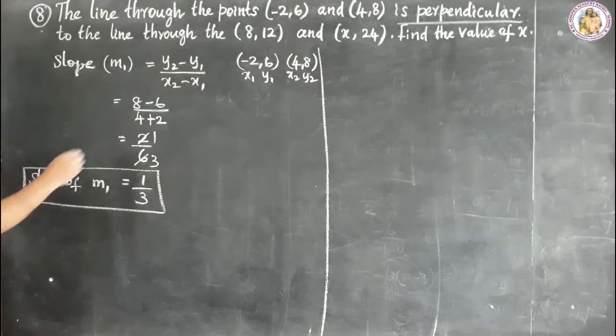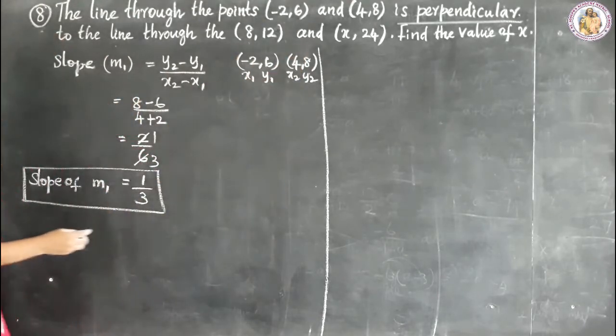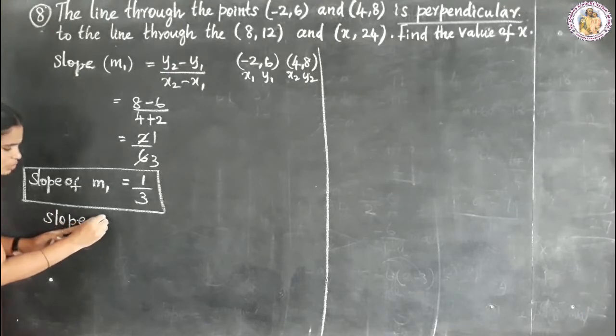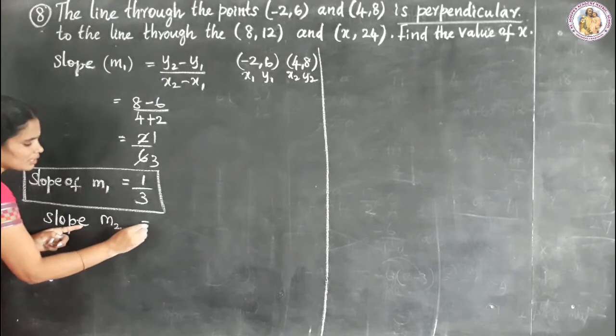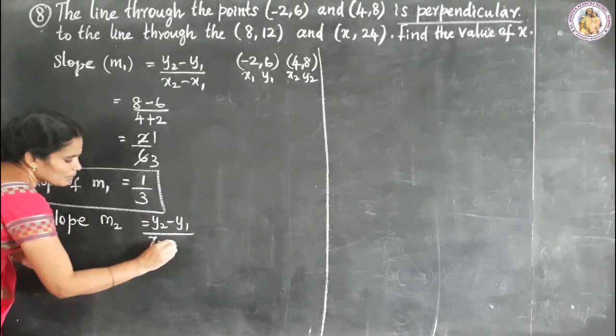And again with the next 2 points, 8 comma 12 and x comma 24, to find the second slope. Take m2 is equal to again y2 minus y1 divided by x2 minus x1.